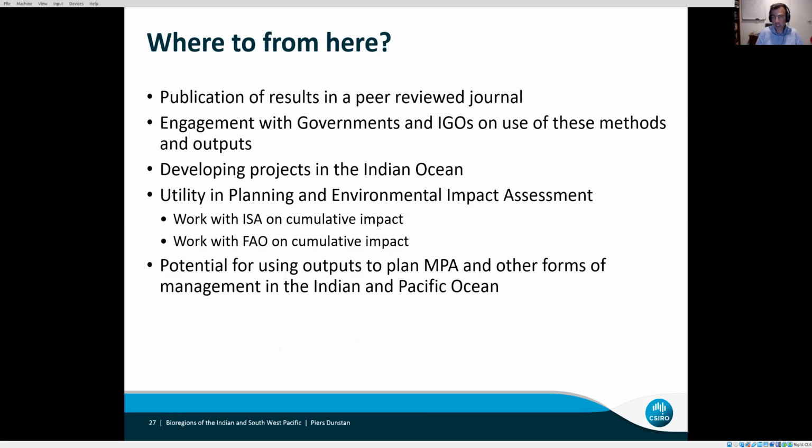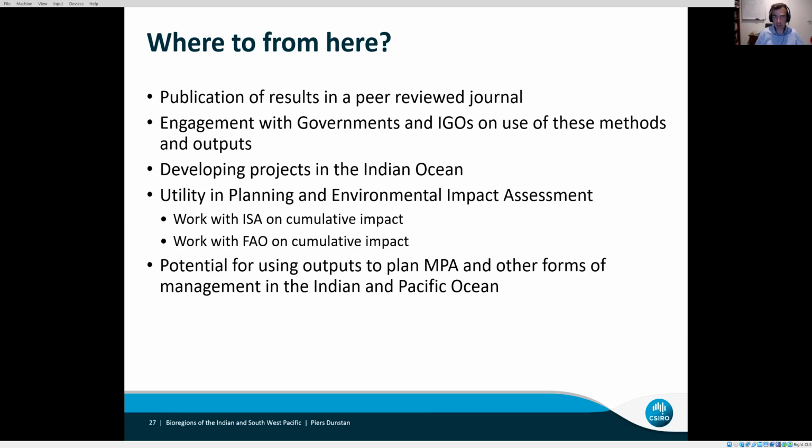We are working at the moment with the International Seabed Authority to use similar qualitative models to begin a preliminary risk assessment for the impacts of deep sea sulfide mining, and also on the effects of other forms of polymetallic nodules and crusts as potential mining, and the impacts on ecosystems as a result of that.